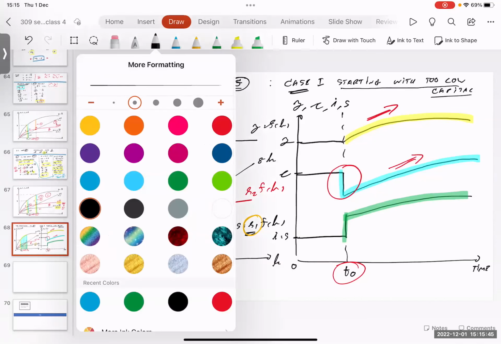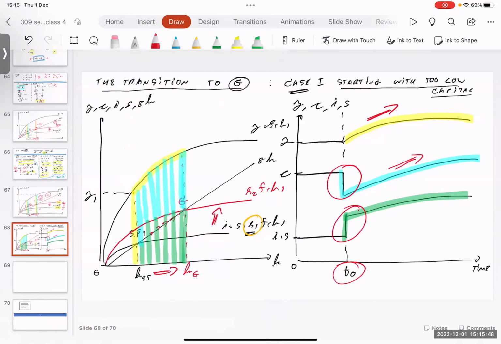So far so good. Okay, this one they have a jump up and keep increasing. This is the transition, the change of small y, small c, small s, and small i over time if the government changes the policy. So far so good?